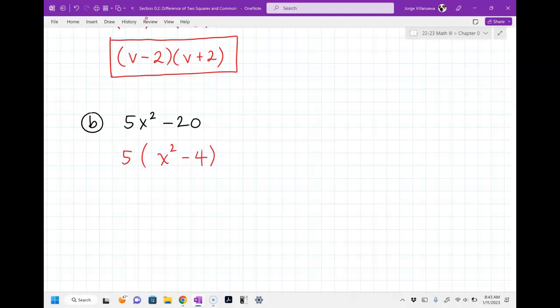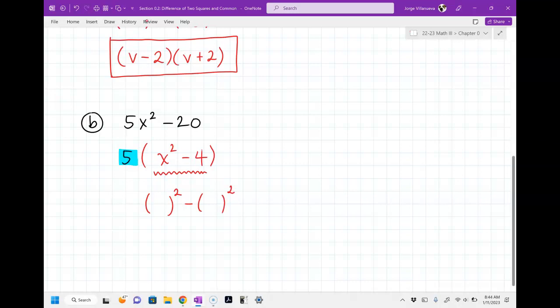Okay? And now I'm only going to pay attention to this little piece right here. And I'm going to try to rewrite that one. Now remember, that 5 is still important, so I'll highlight it just so that we don't forget about it. But I only want to work with the x squared minus 4. So something squared minus something squared.